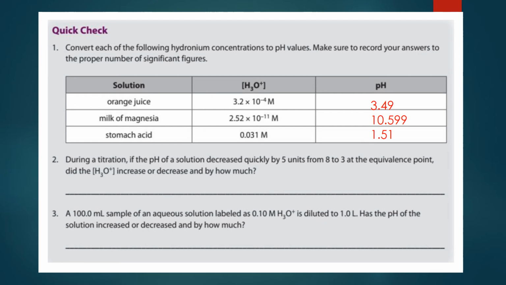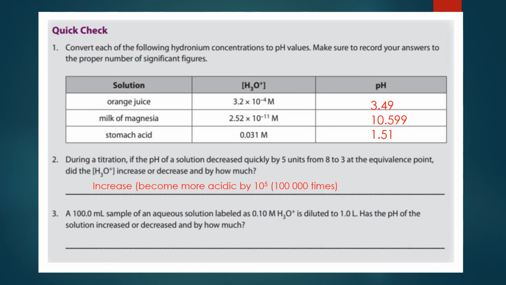The other thing that we know is we're working with a logarithmic scale. So every time we go down by a unit, it gets 10 times more concentrated. So we can do 10 times 10 times 10 times 10 times 10. When we do that, it comes out to 10 to the 5th power, or 100,000 times more acidic. So really good things to think about when you're hearing pH values being reported and things like that.